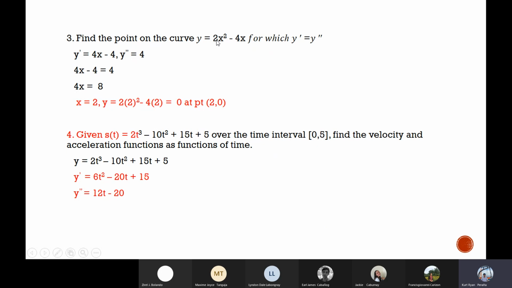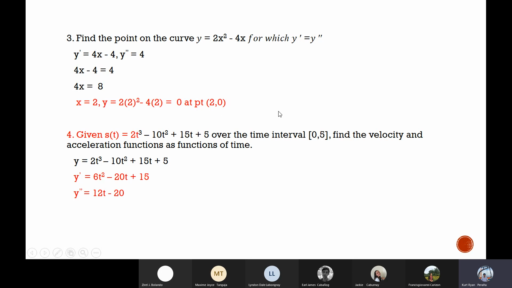So 2 times 2 squared minus 4 times 2, which is 2 times 2 times 2 is equal to 8, minus 8 is equal to 0. So the point on the curve is at point 2, 0.